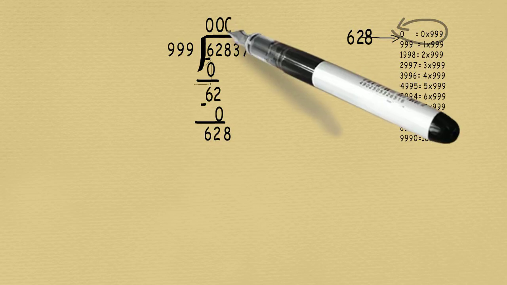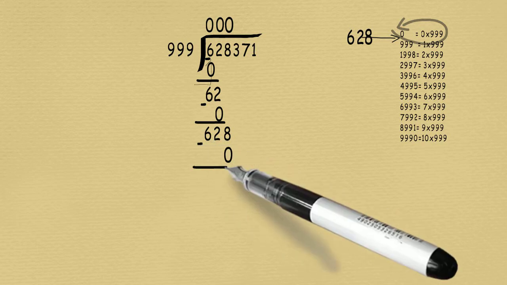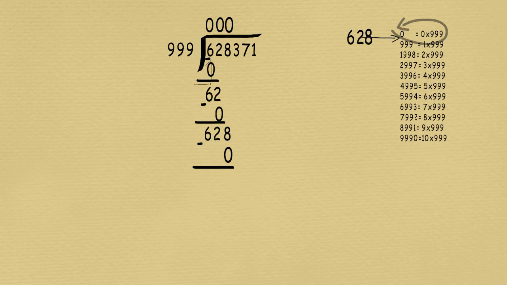I'm going to write down 0 on top of the division house, and 0 right underneath the number 628. I'm going to perform a subtraction, and I have 628 minus 0 is 628. So we go to the next step.